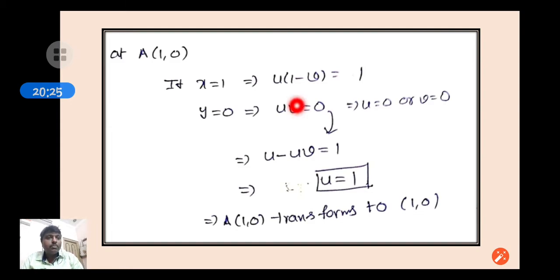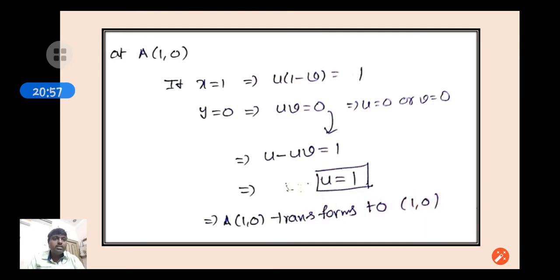So if you are putting uv is equal to 0, here you can observe that u minus uv, the same thing I am writing here, u minus uv is equal to 1. If you are writing uv is equal to 0, then you are getting u is equal to 1. From these two conditions I am writing u value is 1 and v value is 0. Okay, so the point A, 1 comma 0 is transformed to 1 comma 0.